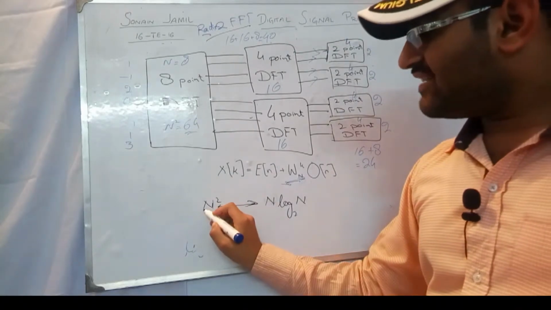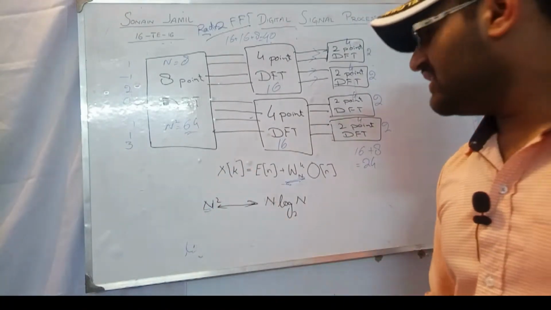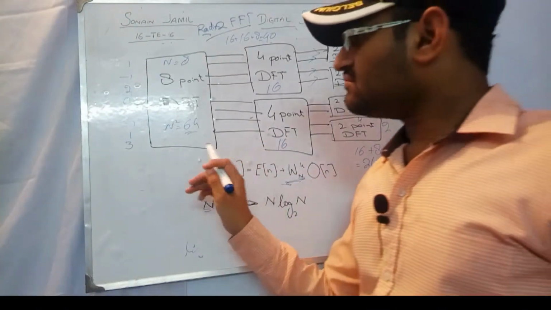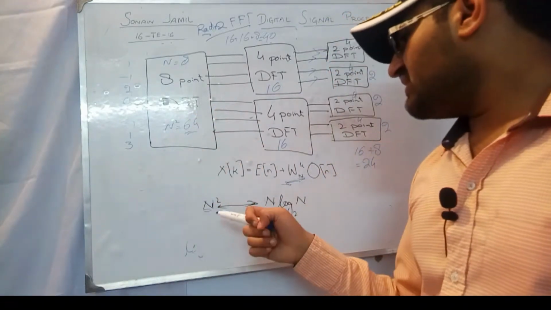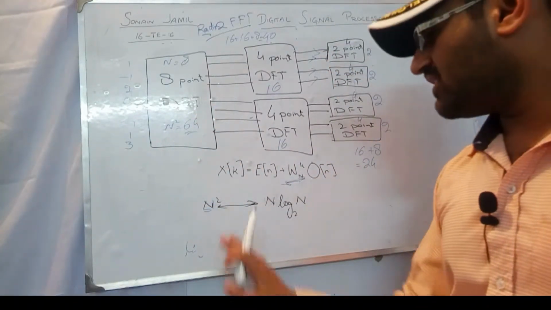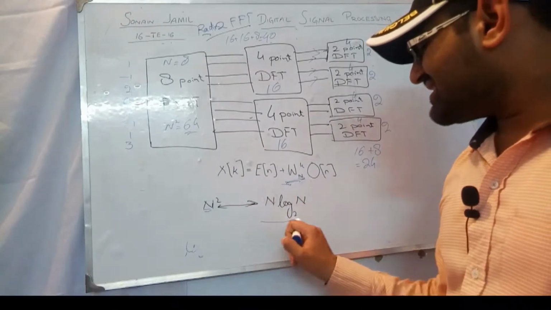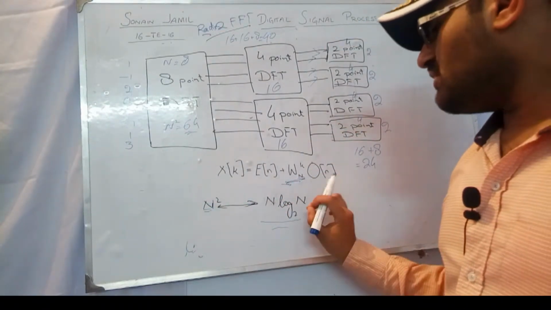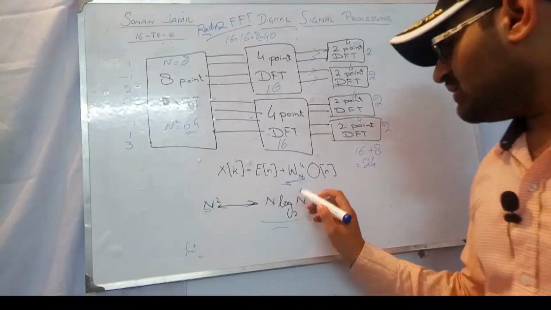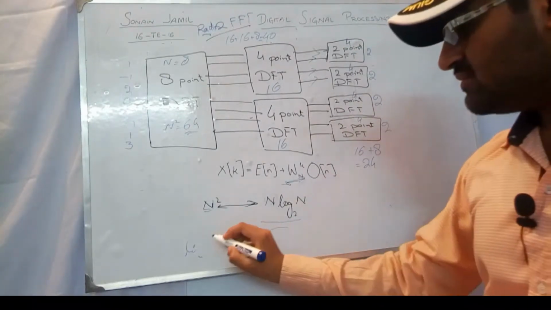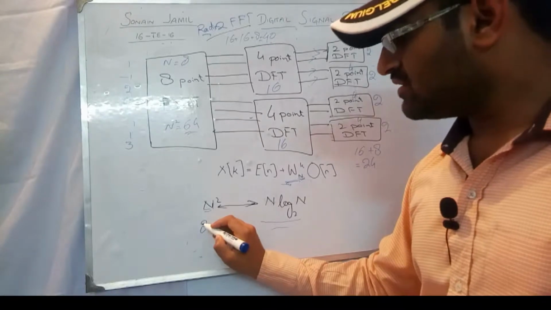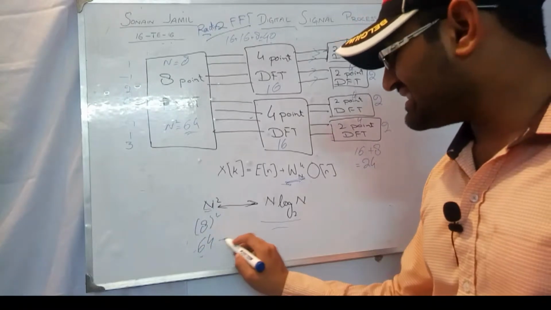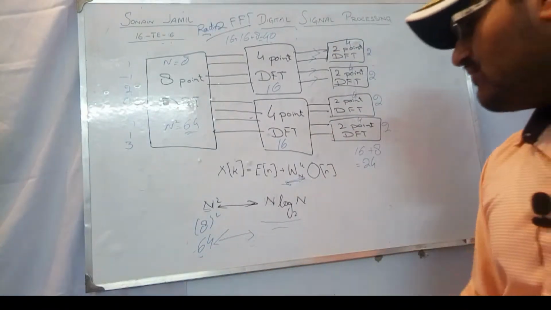If we have n samples in time domain and we apply DFT directly on that, we will have n square multiplications, and instead of applying DFT, if we apply Radix-2 FFT, it will come out to be n log base 2 n, and as in this case we have n is equal to 8, so number of multiplication in DFT would be 64.